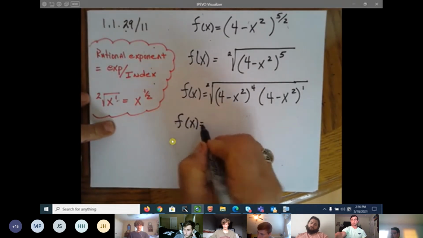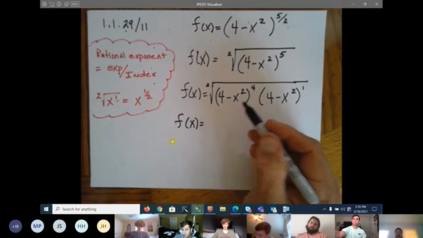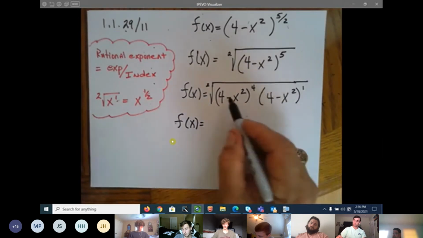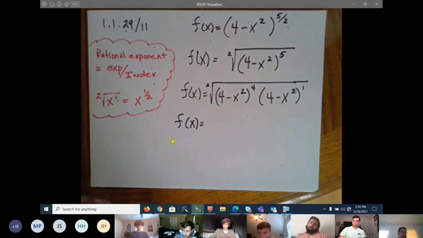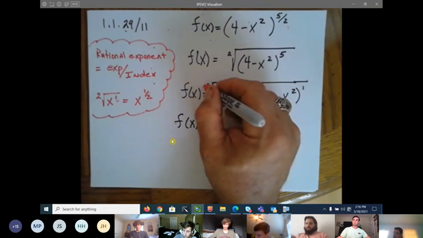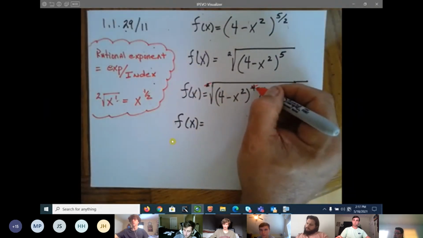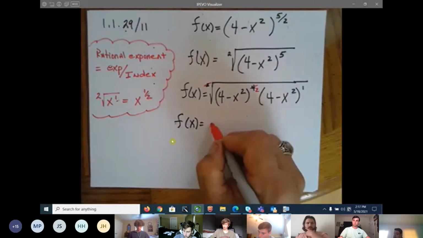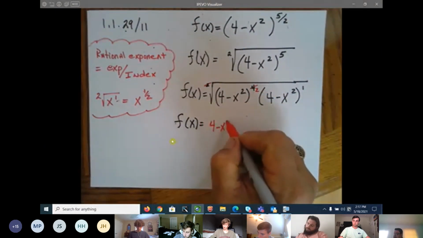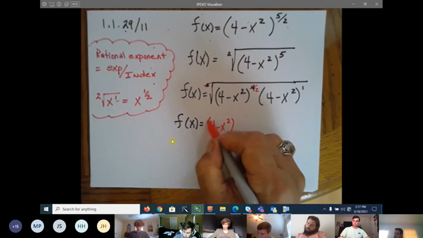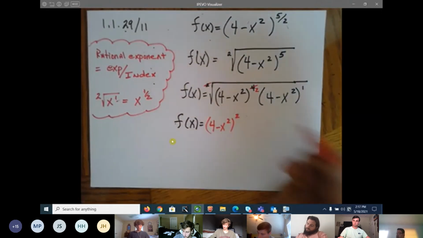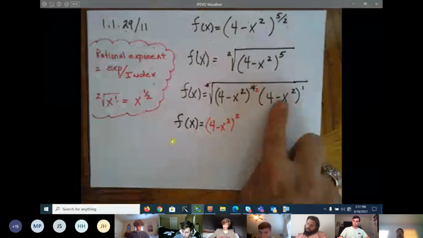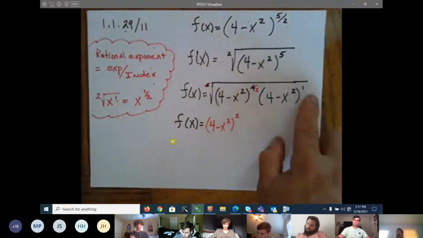To the second power? Yep. And you can take it out from under the radical. So I'm just going to do this with a red pen. And that can come out. I'm going to write it in red. 4 minus x squared to the second power. And then this, can you take the square root of the first power?